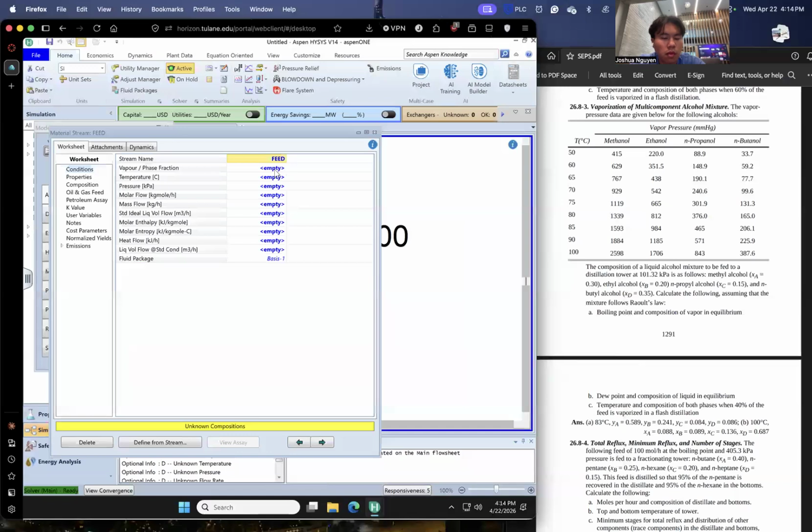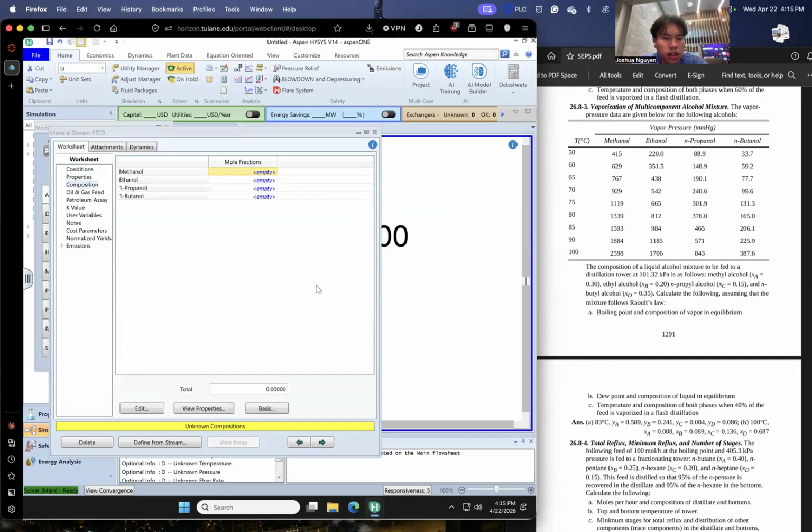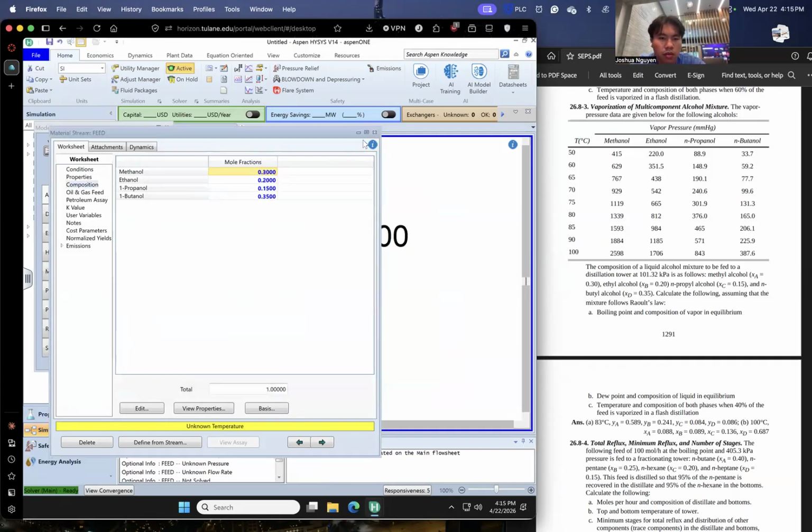But let's see, the feed vapor phase fraction, since this one says that the feed is 40% vaporized. We put 0.4 here. And on the composition, we'll make it the same ones we were doing before. So 0.3, 0.2, 0.15, and 0.35. That should be 1.